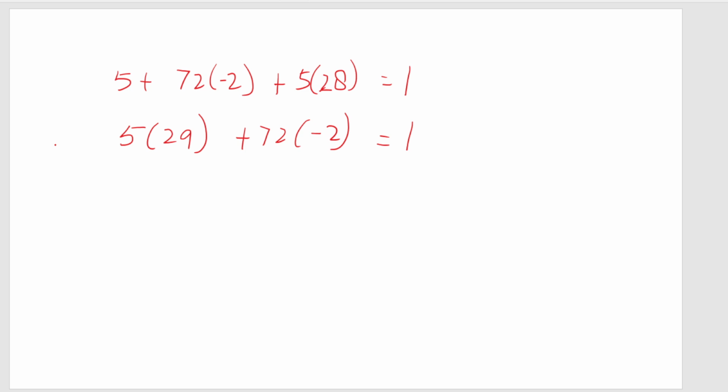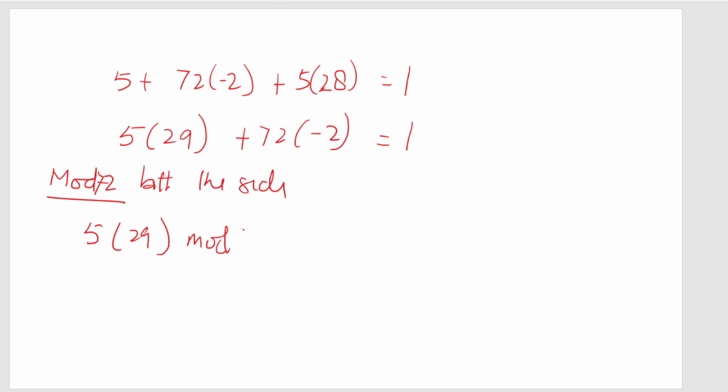So if we take mod 72 on both the sides, what will happen? We will have 5 times 29 mod 72 plus 72 times minus 2 mod 72 is equal to 1 mod 72.